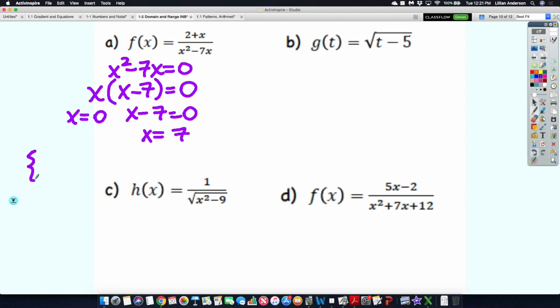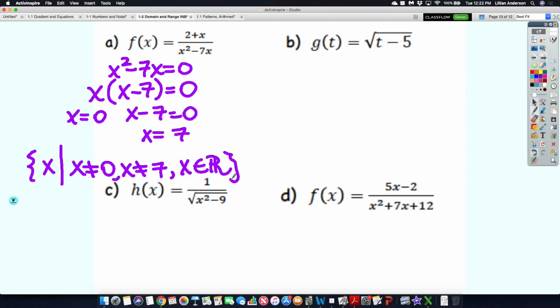Well, I write the set of x values, because I'm talking about my domain, such that x does not equal 0 and x does not equal 7. And then, of course, x is an element of all those numbers. And that is the domain for that first function.